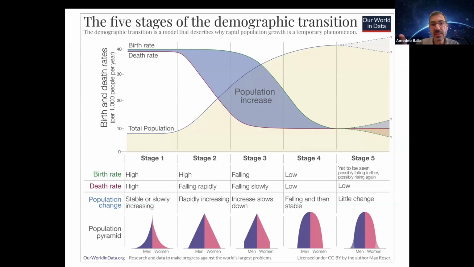So, for example, in this example here, which is real data for the demography of the population on Earth, you have an initial birth rate which is very high, and after a while it declines and gets more stable. The death rate is also initially very high and then falls more rapidly than the birth rate, and so on.